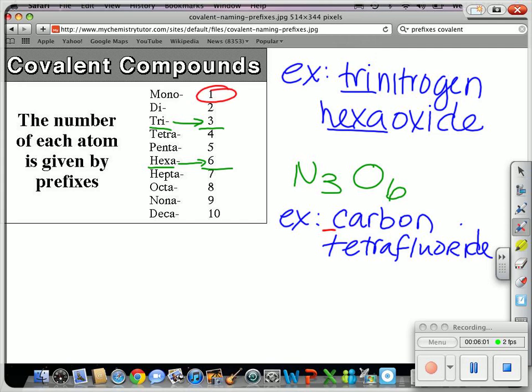Okay, we know that that means one. So I'm going to put C for carbon. There's only one. Tetrafluoride, tetra means that there are 4. So I put the fluorine symbol and I put a subscript of 4. Now you know how to go from the chemical formula to the name of covalent compounds, and then also go from the name to a chemical formula.